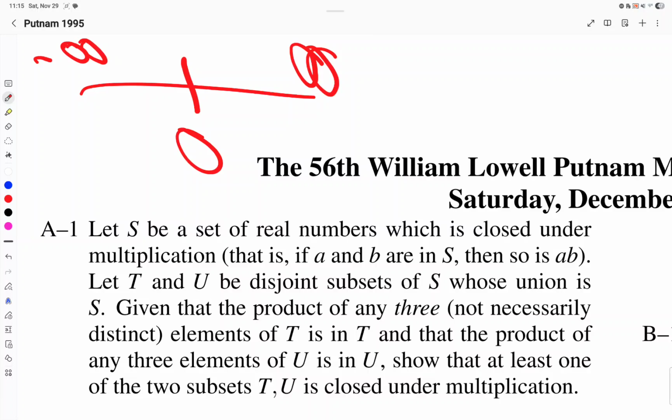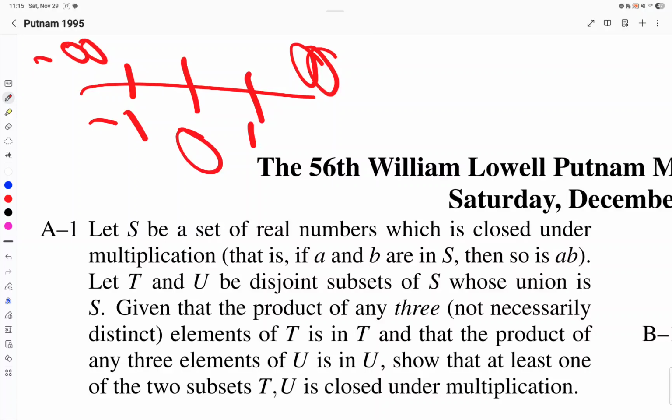Being closed under multiplication means a times any number times any other number is also going to be in that set, okay? So 1 times -1 is also part of this interval, okay? Of course, that's obvious, but it's a fancy word.